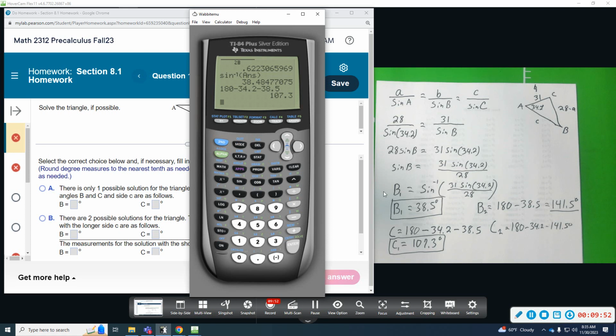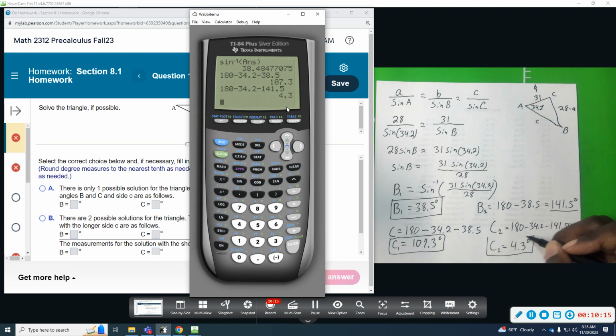So I'm going to do 180 minus 34.2 minus 141.5. And it gives us a 4.3 angle. So really, really small angle. So C2 is going to be 4.3 degrees.